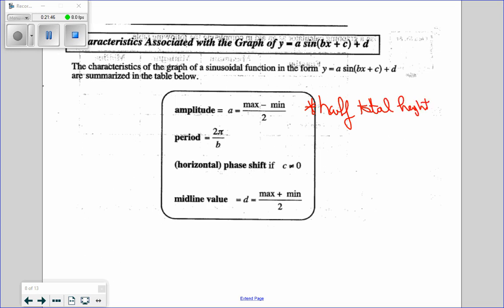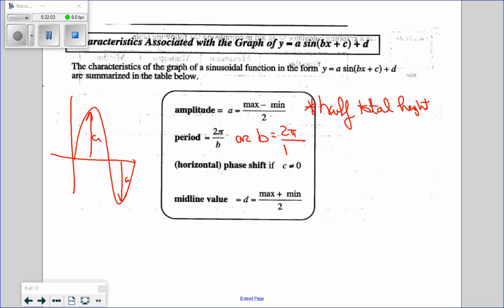Or visually speaking, the amplitude is this number here. Period is 2 pi over b, or you can swap them around and go 2 pi over period. You can use either one.